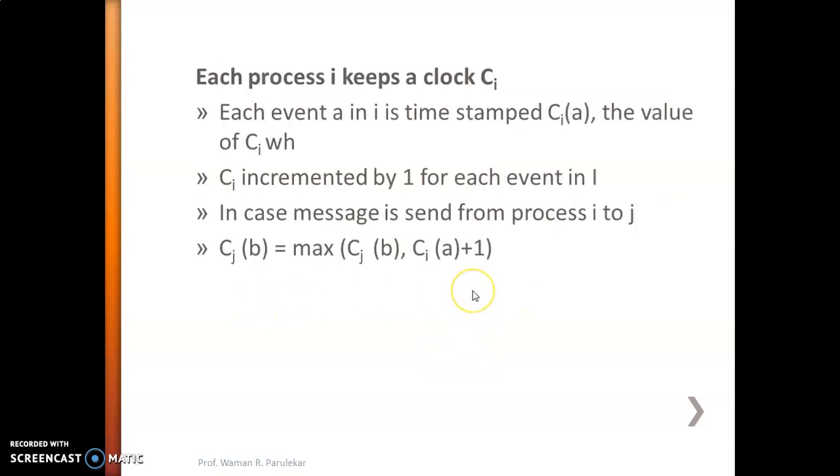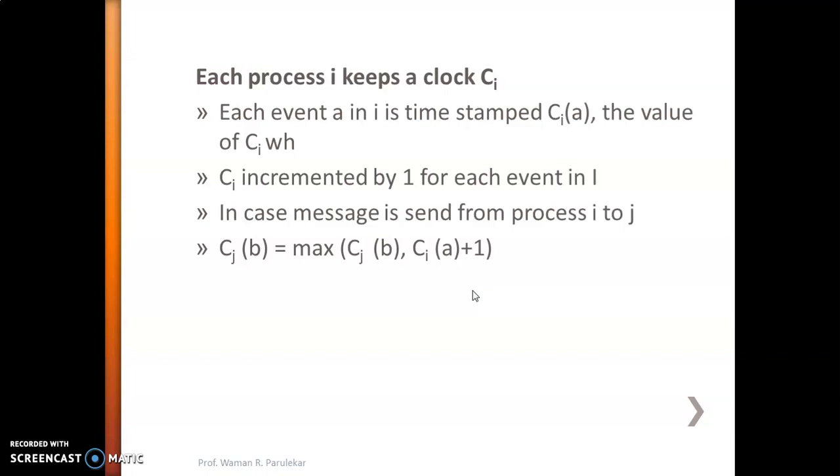So these are the formulas we use to increment the value whenever we send a message from client to server or one process to another process. I have already told you, if you are sending a message from an event of the same process to another event of the same process, then you only increment the value by 1.